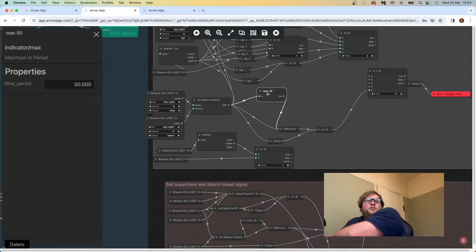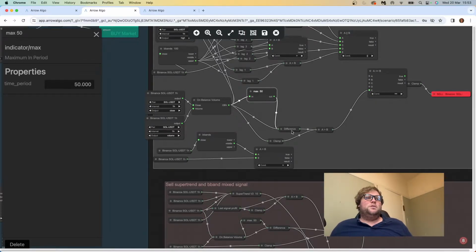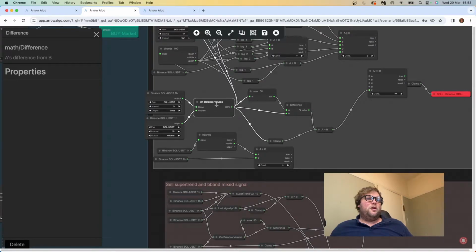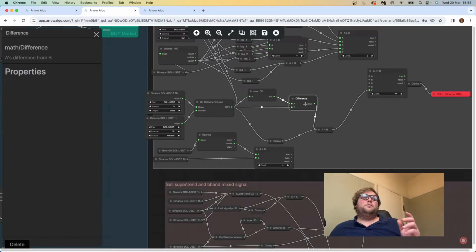The hourly OBV, so over the last 50 hours of on-balance volume, the maximum value that the on-balance volume was is being fed out into the difference block, as well as the current OBV at the end of this trading candle. So essentially we're looking for the difference between the current on-balance volume and the maximum point that it was over the last 50 periods here.